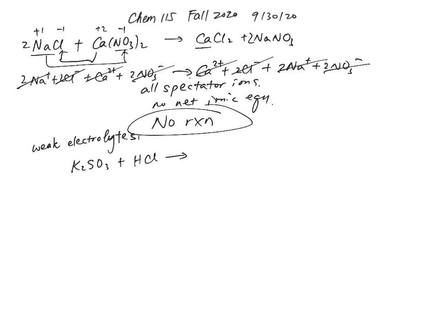You should all be able to exchange partners and figure out predicting the product now. It's easy. +1, -2, +1, -1. So potassium is going to go with chloride, and you're going to have 2 of those, and then you're going to have H2SO3. And we know this reaction is going to happen because this is a weak acid.